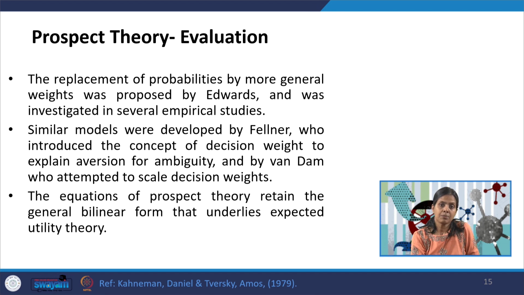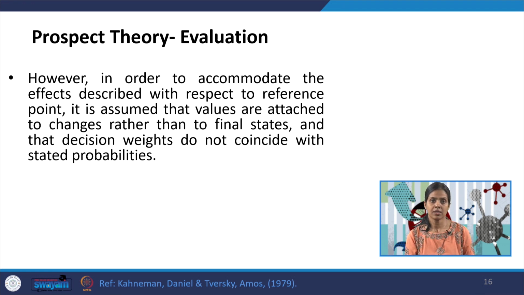The equations of prospect theory retain the general bilinear form that underlies expected utility theory. However, in order to accommodate the effects described with respect to the reference point, it is assumed that values are attached to changes rather than to final states, and that decision weights do not coincide with stated probabilities.